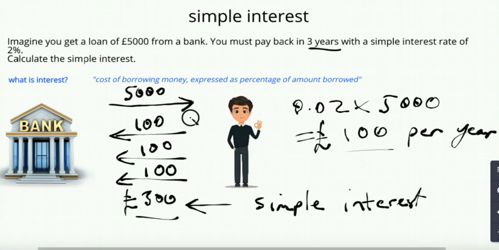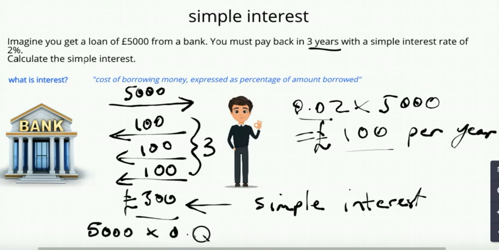So given that I know that the term is 3 years and the interest rate is 2%, if I just did 5,000 times 0.02 and then multiplied it by the number of years, which is 3, I would eventually end up with £300, which is the answer. And that would be a slightly quicker way of doing it.